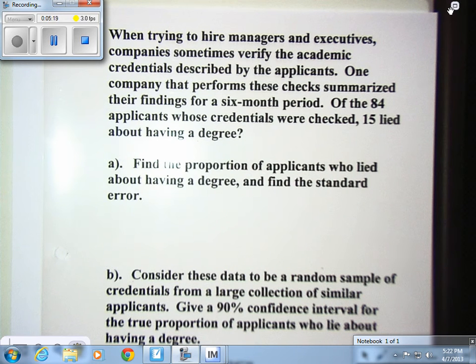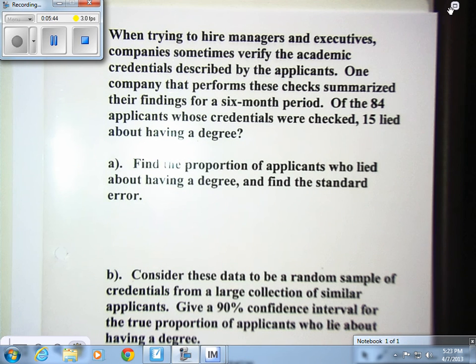One company that performs these checks summarized their findings for a 6-month period. Of the 84 applicants whose credentials were checked, 15 lied about having a degree. So for Part A, we want to find the proportion of applicants who lied about having a degree, and we want to find the standard error. So that's the very first thing that we're going to do.